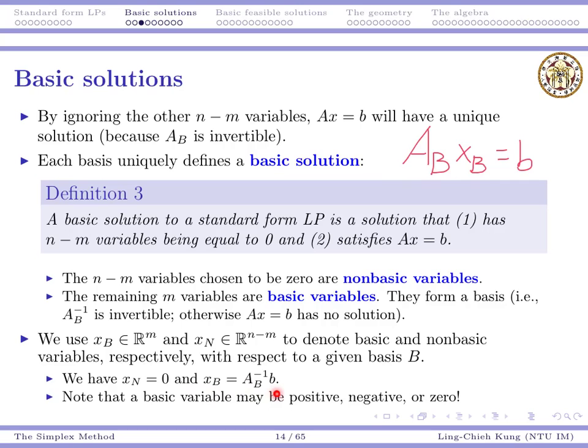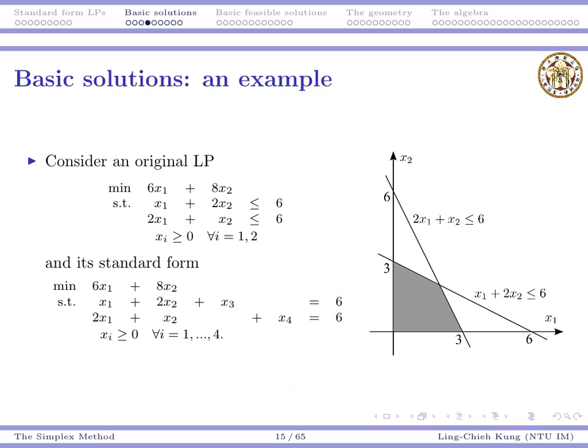One thing to keep in mind is that for basic variables, they may be positive, negative, or 0. We have no idea about what their values will be. Their values depend on the selection of B and cannot be predicted in advance. You can only get these values if you solve the linear system.